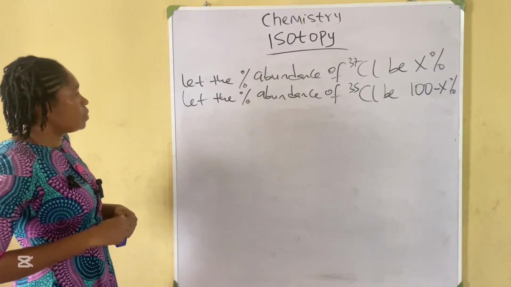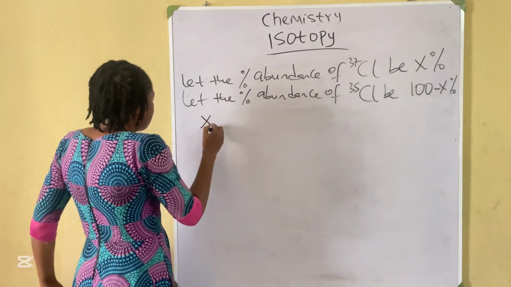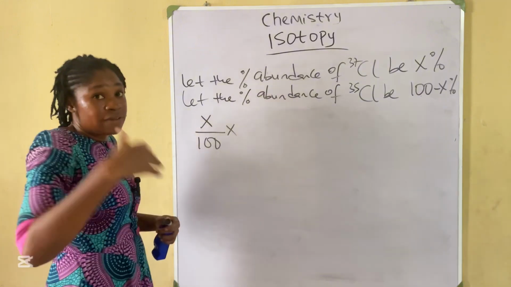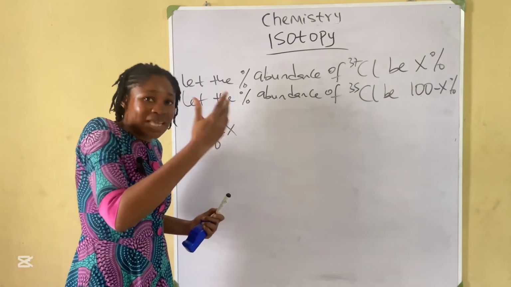Okay. So, X, if you want to remove this percent, X over 100 times, how would you do the first one? When you know the percentage abundance, you divide it by 100 times the mass number.